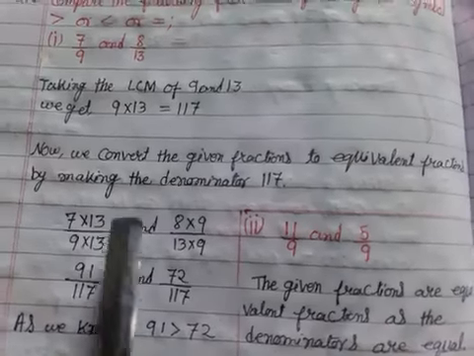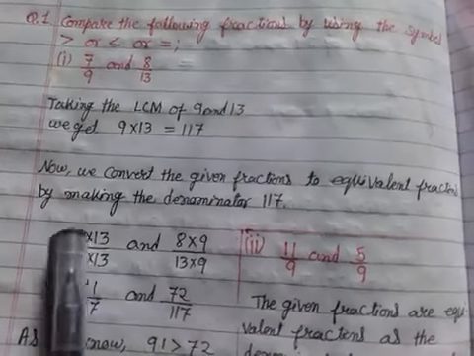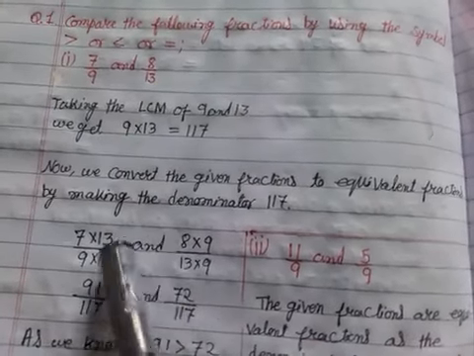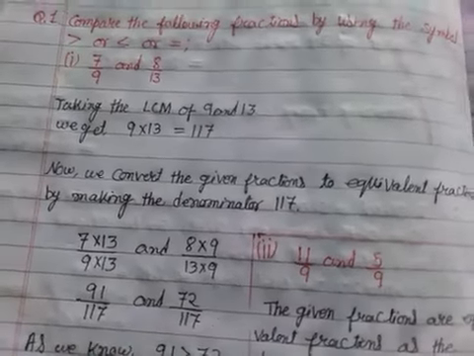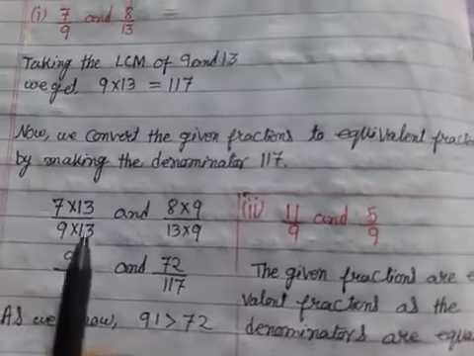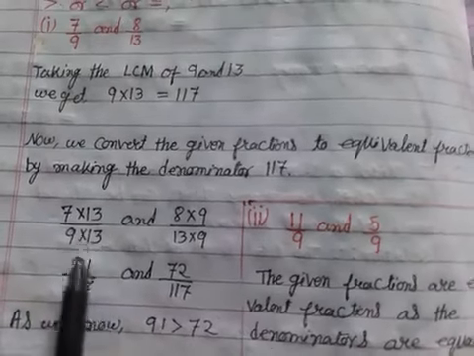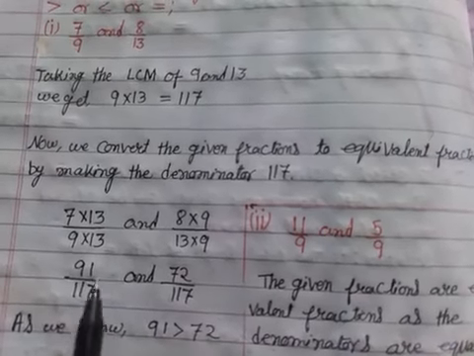Now when we multiplied 7 by 9, we multiplied 9 by 13. Why did we multiply by 13? Because when we multiply 9 into 13, it comes 117.